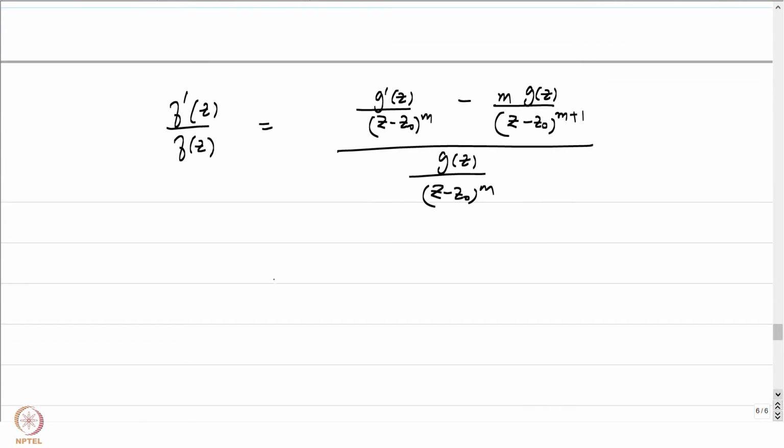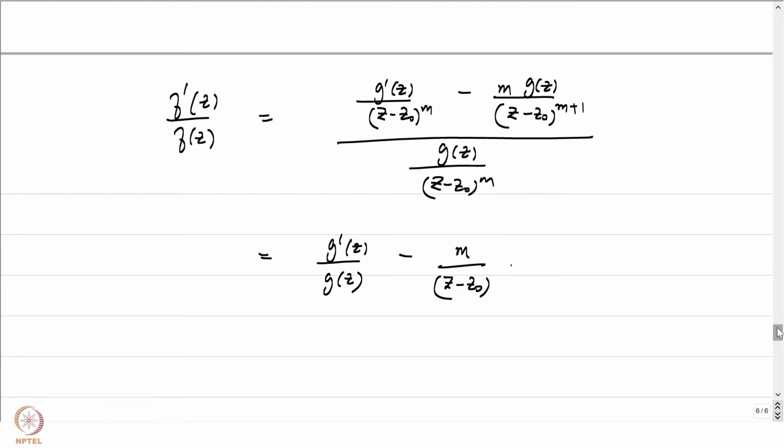So, this is going to be equal to g prime of z by g of z, which is just some holomorphic function, minus m times g of z cancels off, and what is left is z minus z0. Therefore, when z0 is a pole of order m, where m is greater than or equal to 1, the log derivative of f is equal to a function which has a simple pole at z0 with residue equal to minus m.